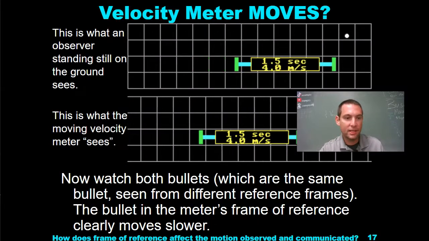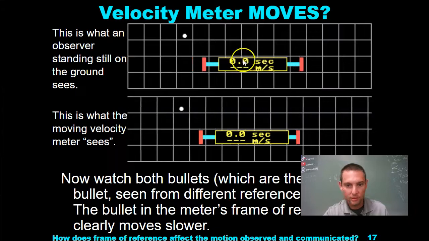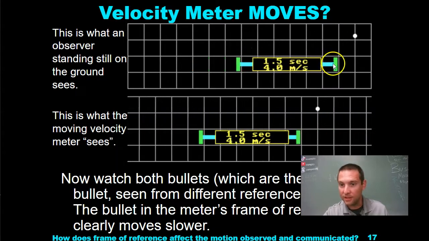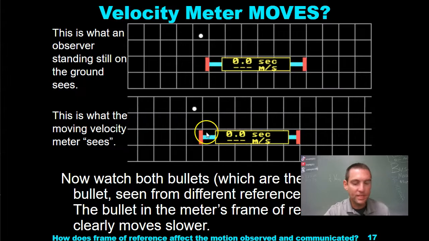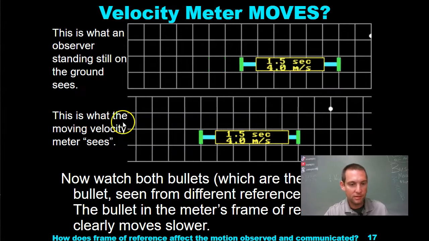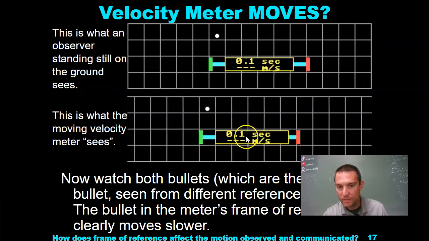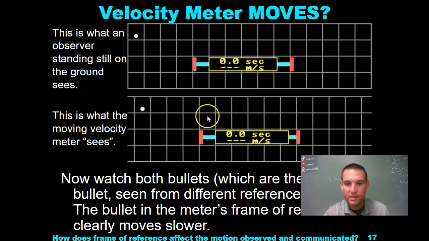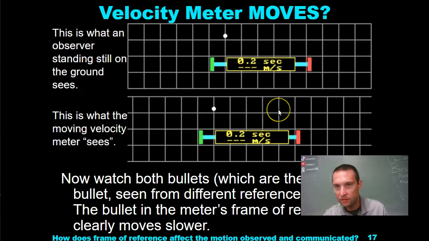This is what an observer standing still on the ground sees on the top. We can see the velocimeter is moving. But if we are moving at the same rate as the velocimeter, this is what the velocimeter is going to see. It's going to appear to be stationary, but the bullet is actually moving along with it.